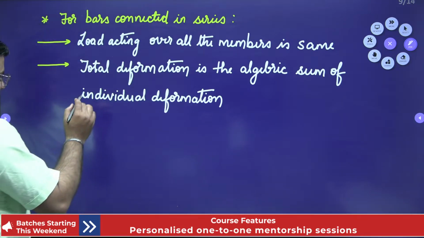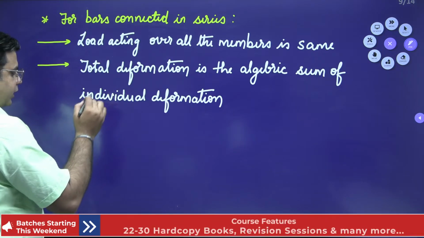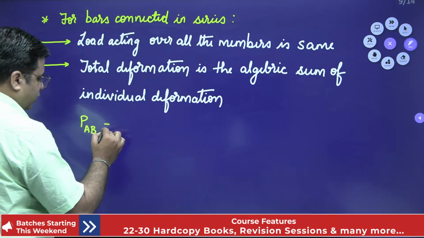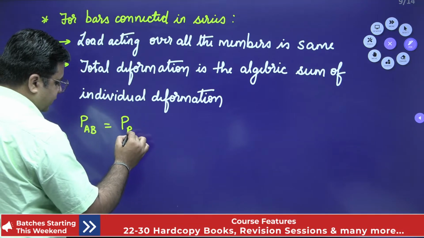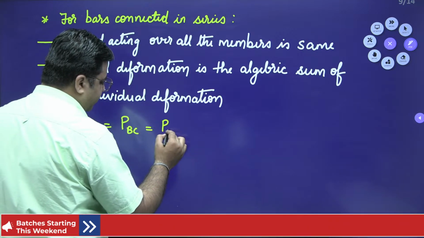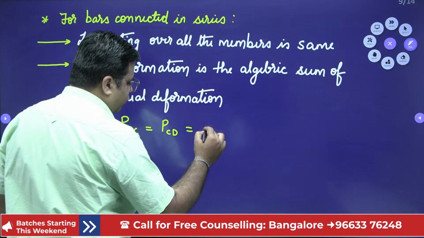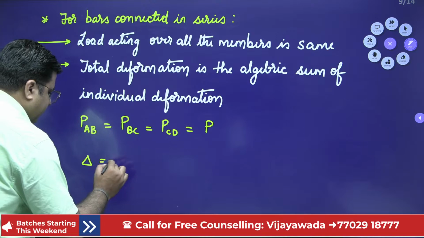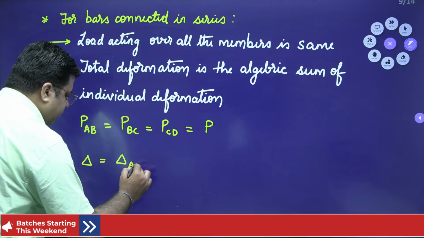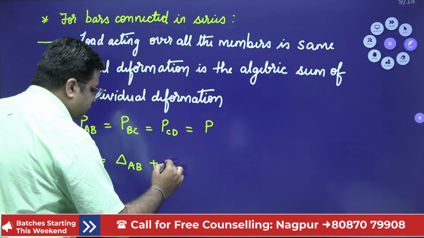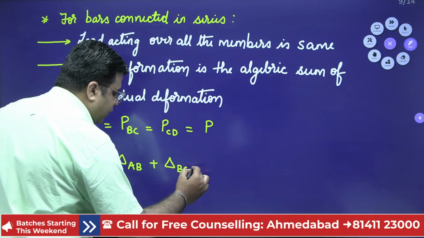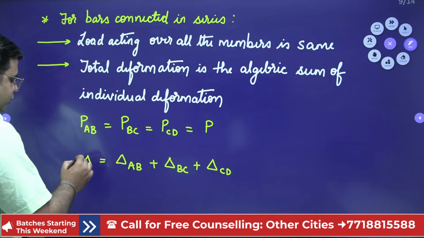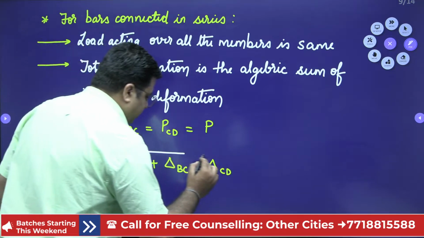What I am saying is, first, the load in member AB, PAB, is equal to the load in member BC, is equal to the load in member CD, and this is equal to P. Second, the total deformation delta is the sum of the individual deformations, delta AB plus delta BC plus delta CD. So this is how you calculate the total deformation for these bars, right?